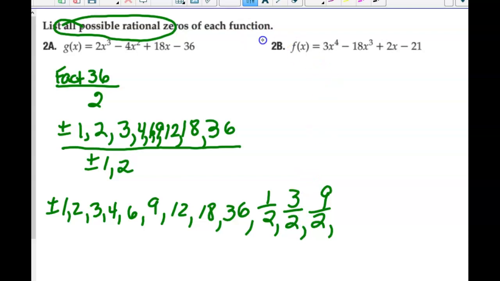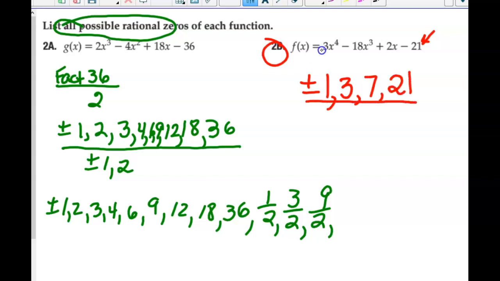All right, this is a much shorter list. Can somebody help me with this one? Factors of what on the top? You got to memorize this, guys. Factors of the constant go on top. What are the factors of 21? And the factors of the leading coefficient go in the denominator.